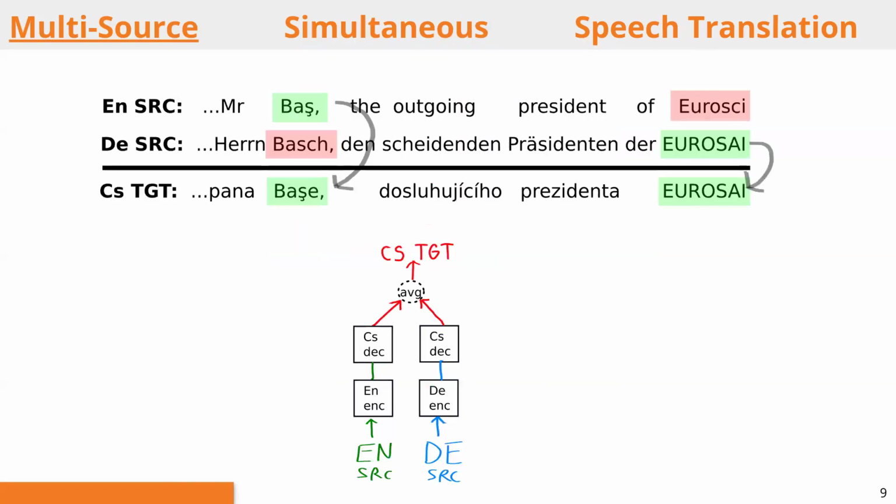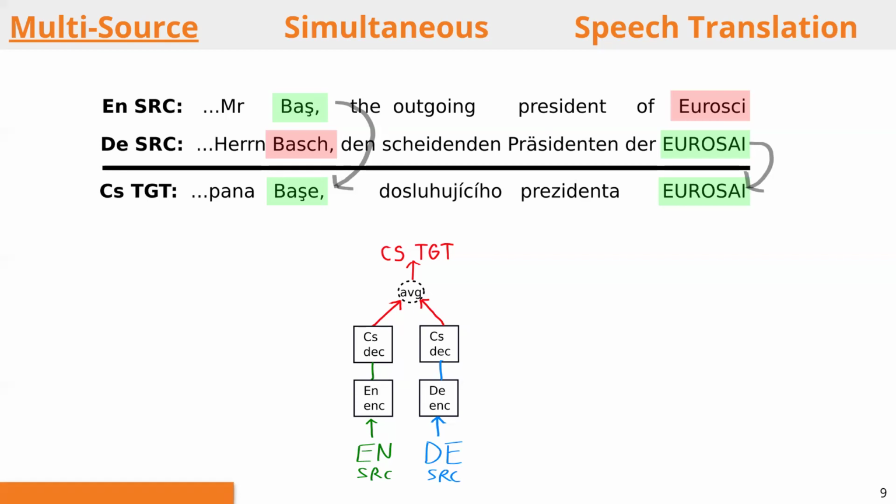And multi-source speech translation means that we expect two parallel language sources on the source, and the machine should combine both of them and achieve higher quality. Like here in this example, there is an English source and a German source, and we assume they have complementary errors in speech recognition.